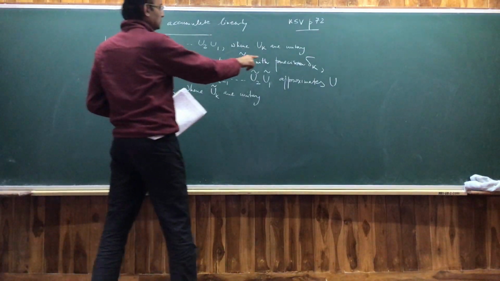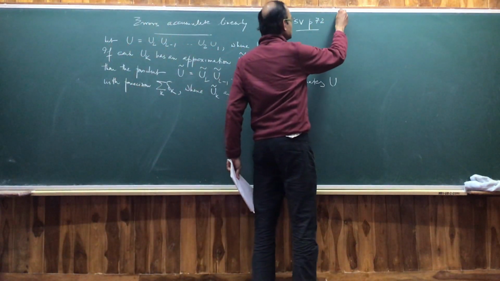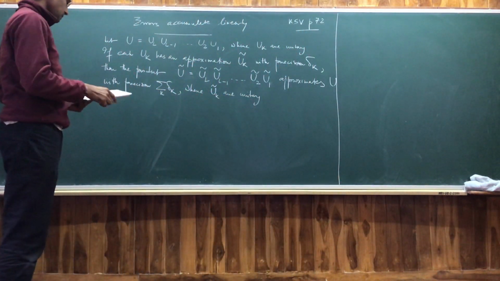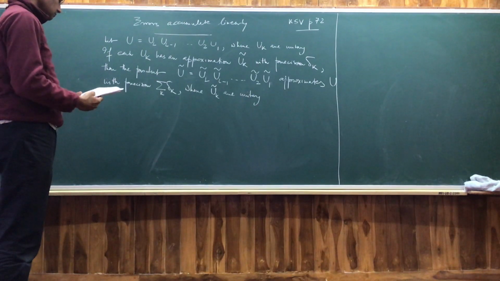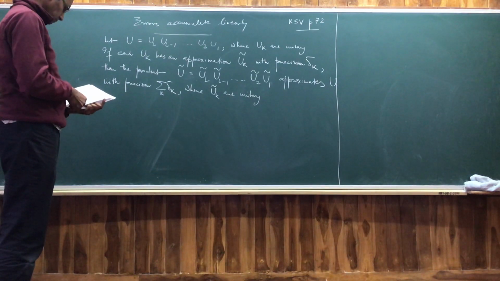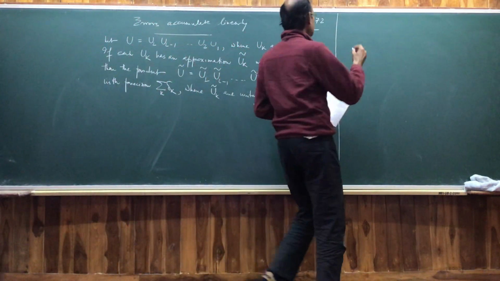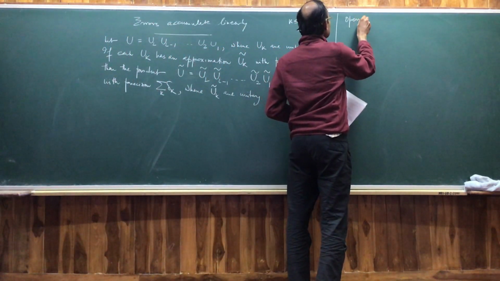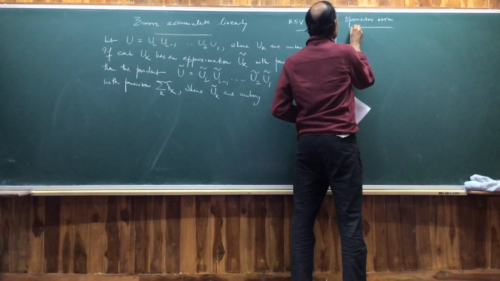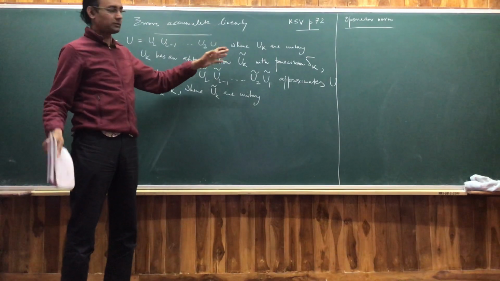So let us go back to find out what I mean by precision. You may have done this, but I will repeat it for completeness. Something called the operator norm. It's clear that I have to define a distance between this UK and UK tilde in the space of unitaries.